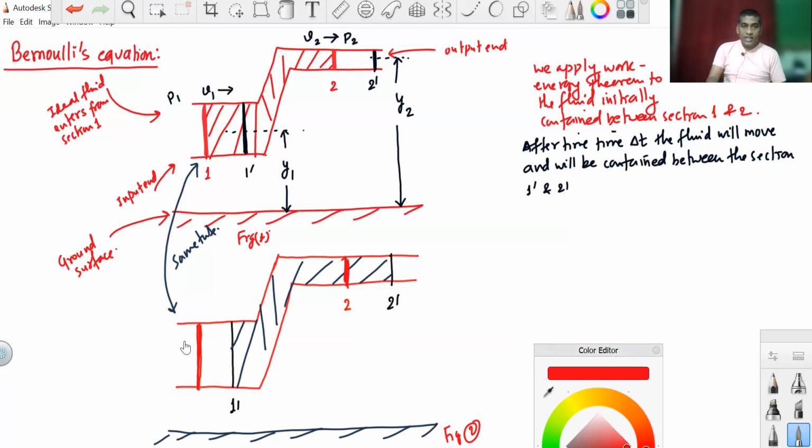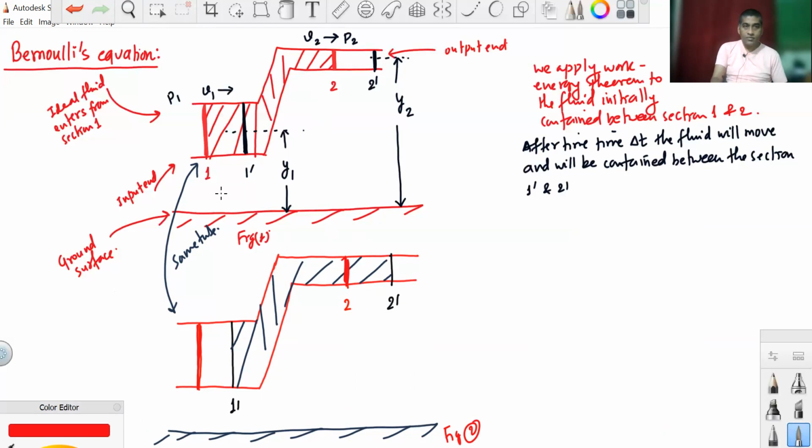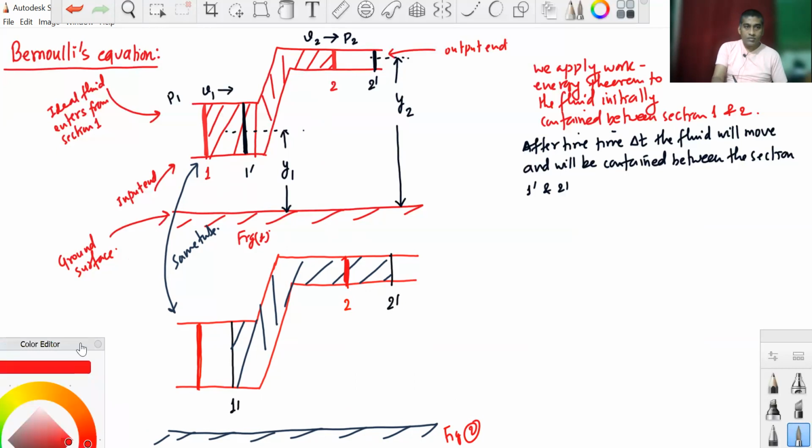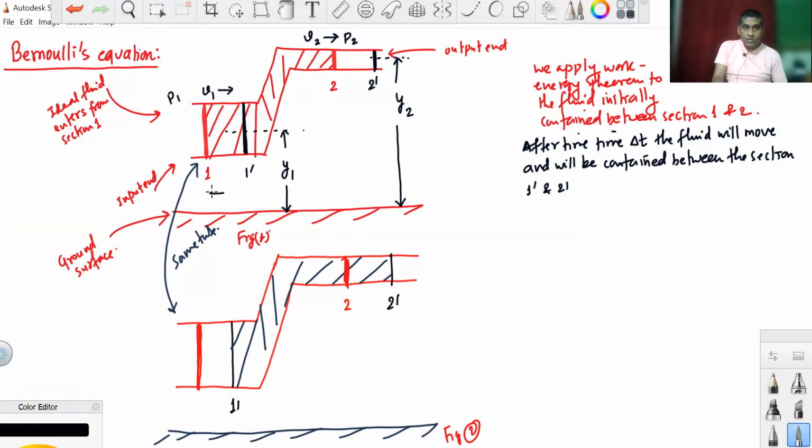Just to give a clear idea of the displacement of the fluid, I'm redrawing figure 1 in figure 2. Now let this length be delta x1.